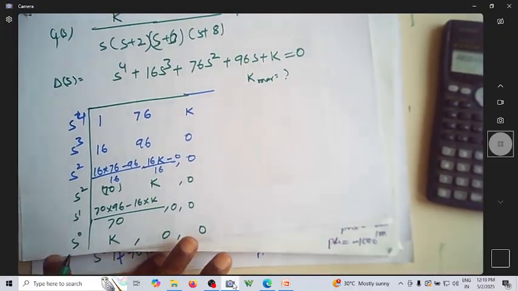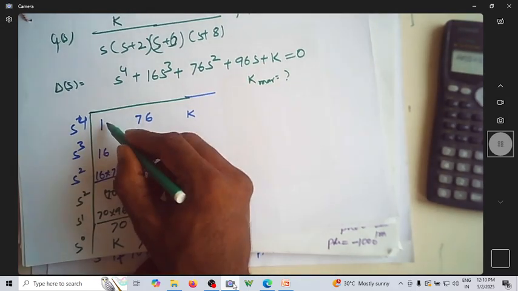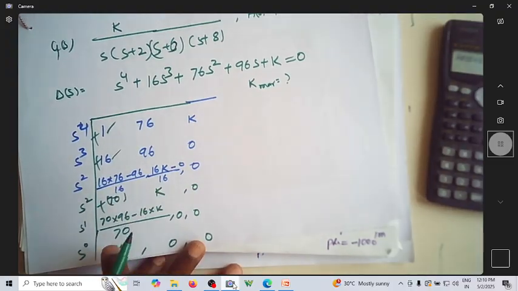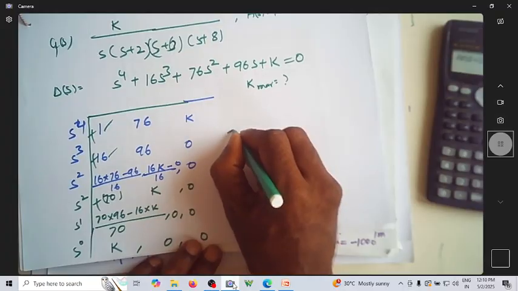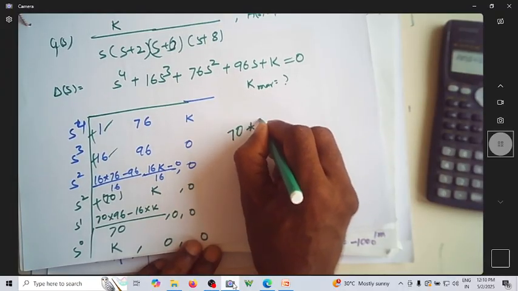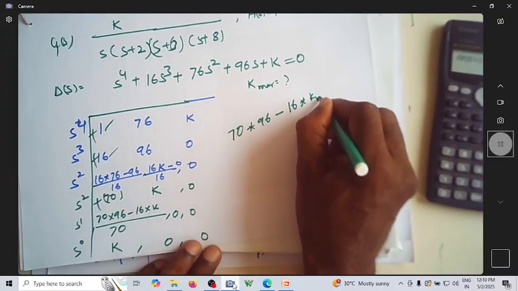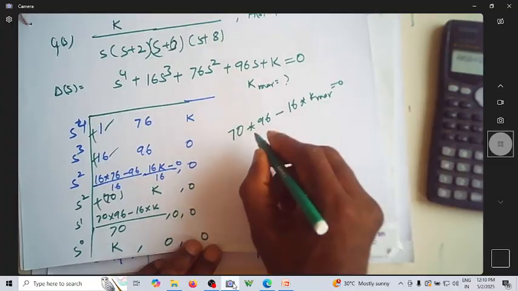And here you have 1, here you have 16. This is positive, this is positive, this is also positive, and there is a possibility that this can become 0. That is 70 into 96 minus 16 into k margin is equal to 0.